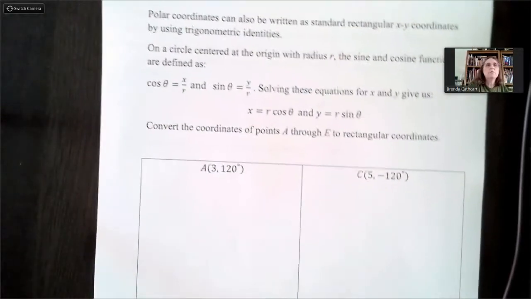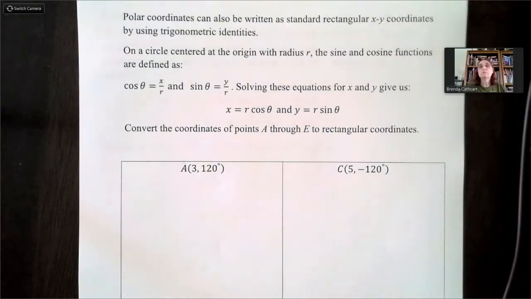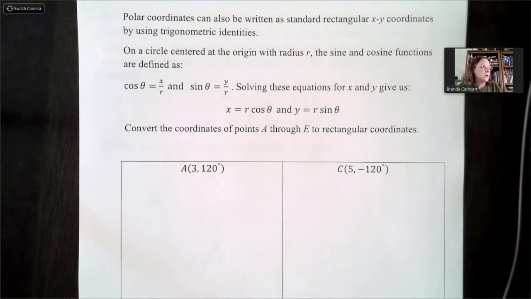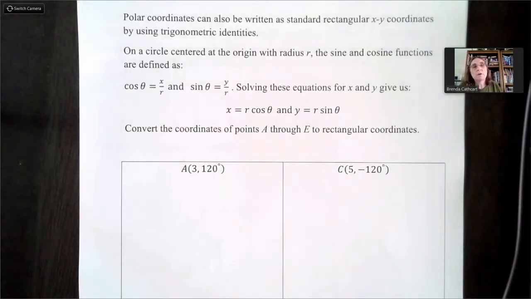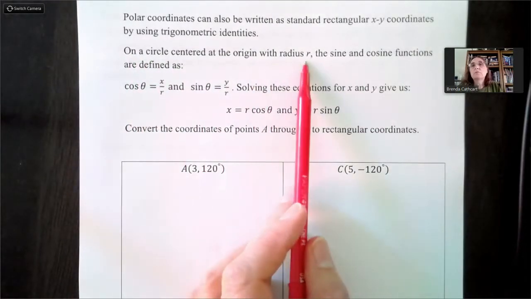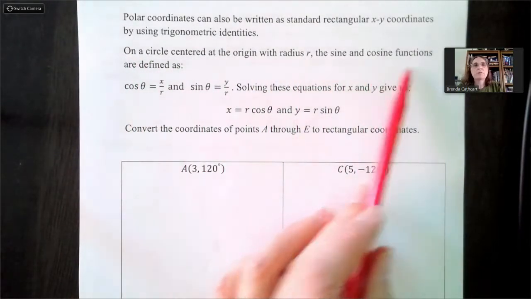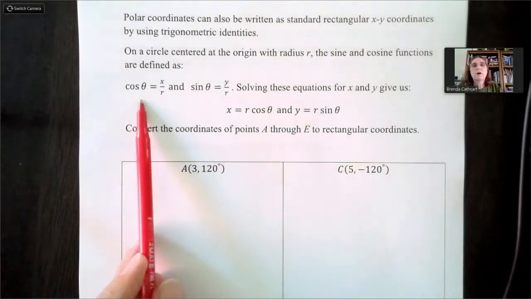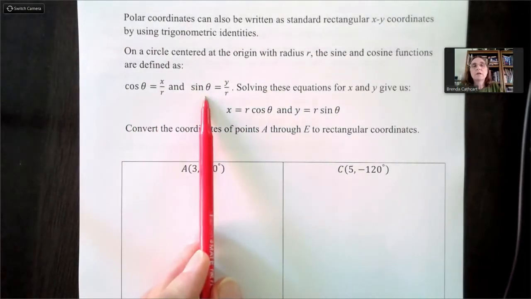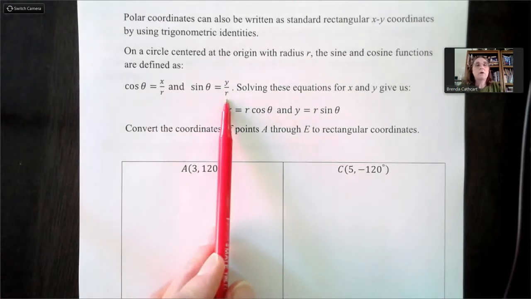Now, another thing that we can do with polar coordinates is switch them back to the standard rectangular XY coordinates, and we do that by using trigonometric identities. What we know about trigonometry is that on a circle centered at the origin with radius r, the sine and cosine functions are defined as the cosine of the angle is x over r, and the sine of the angle is y over r.